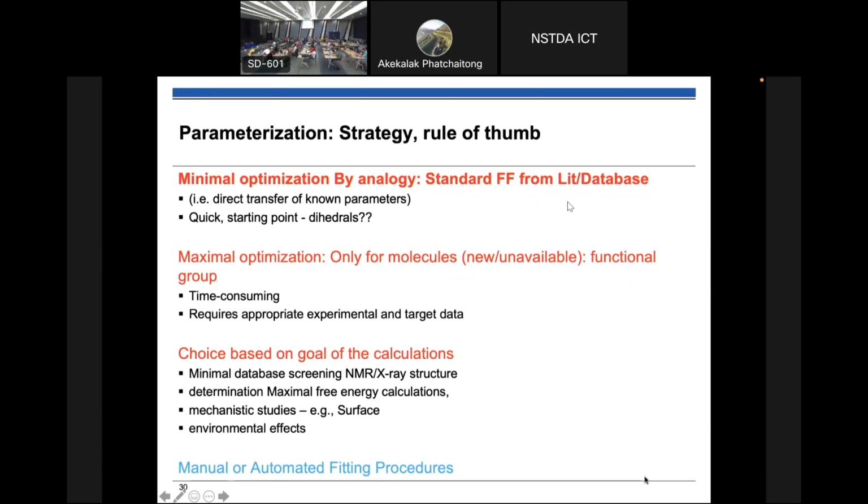Only then do you go back and do quantum chemistry calculations to get those parameters, number one. Number two is maximum optimization: if you want to do too much optimization, it is a time-consuming thing, right? And you mostly don't get the parameters as correct as, let's say, experimental certainties.